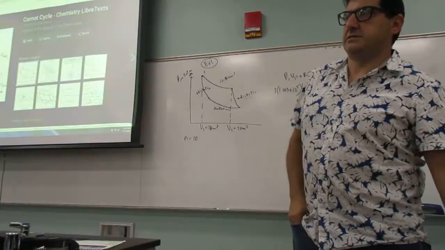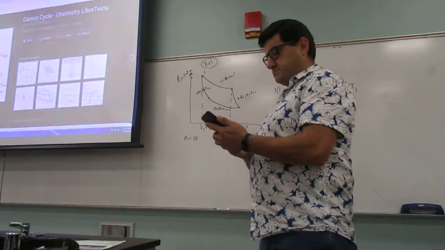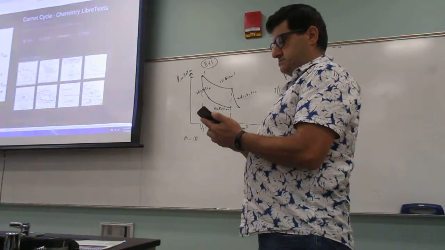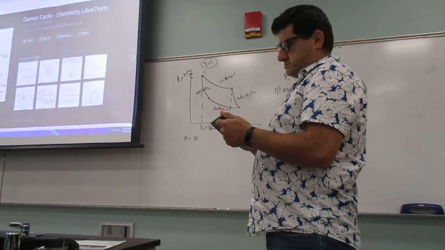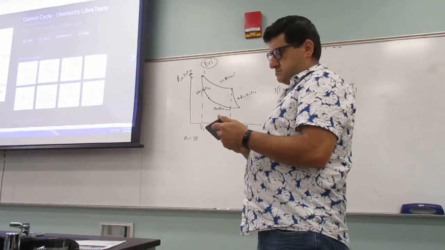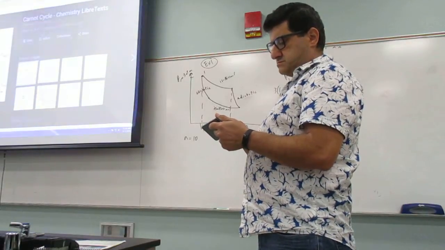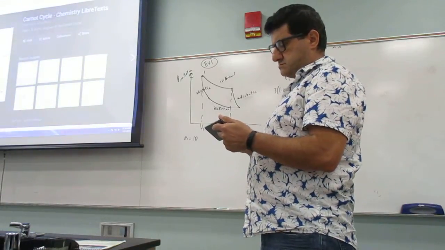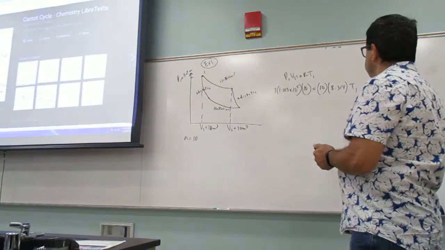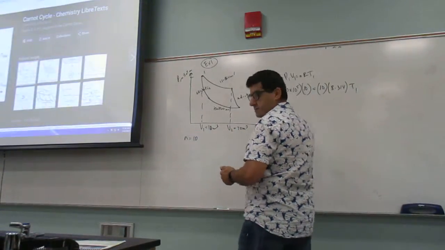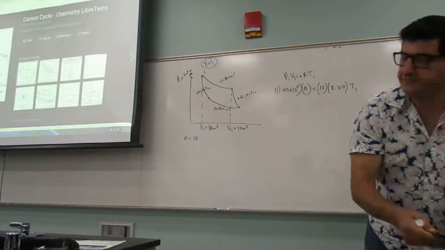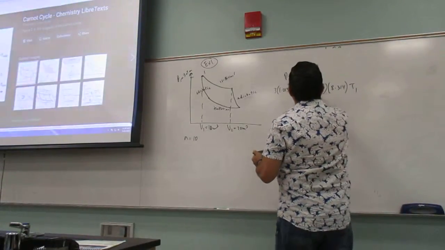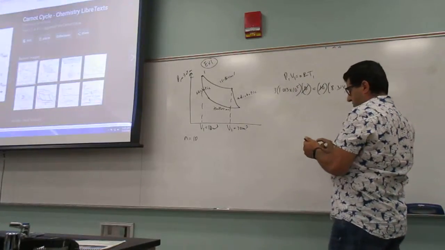Okay, let's see. The 10 and the 10 cancel, right? So you just divide that by 8.314.